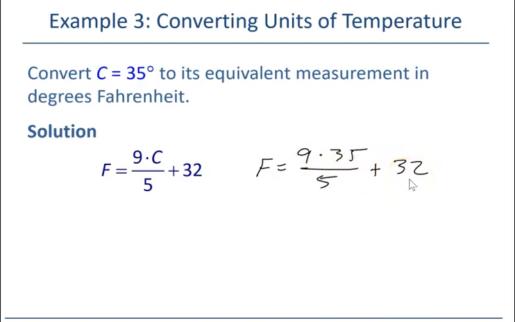Let me get my calculator out, and we get 9 times 35, which gives me 315, all divided by 5 plus 32. So we divide this by 5, and then I'll add my 32.